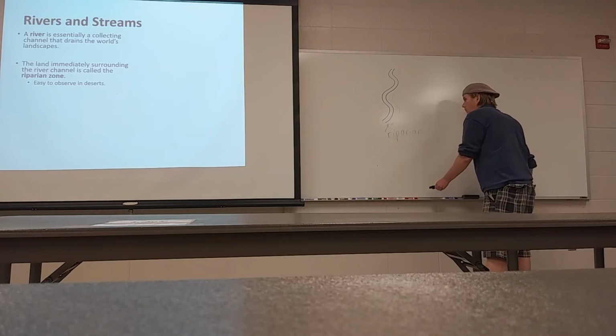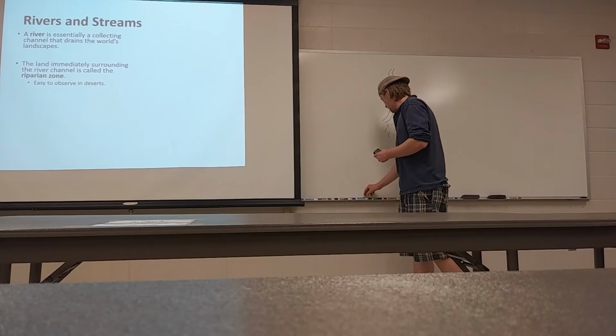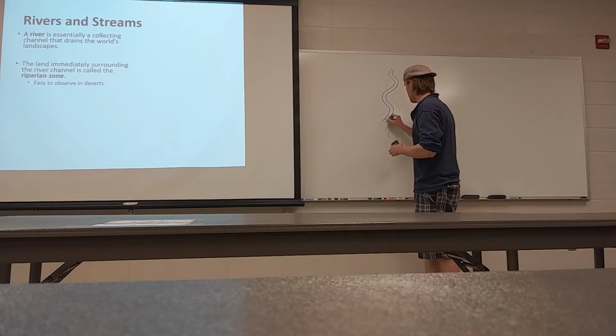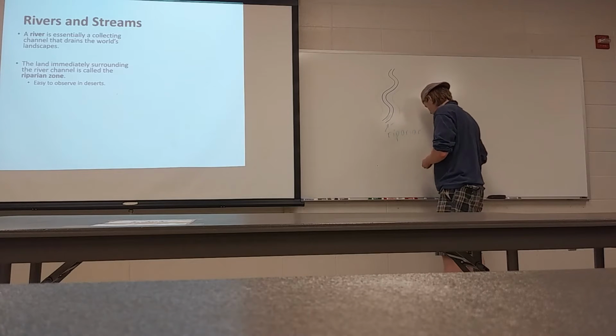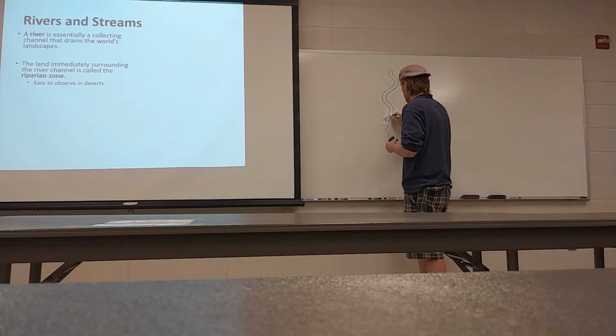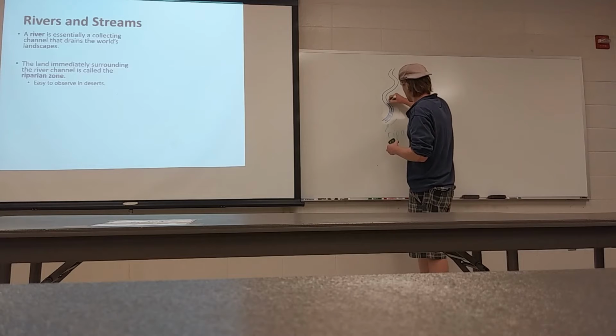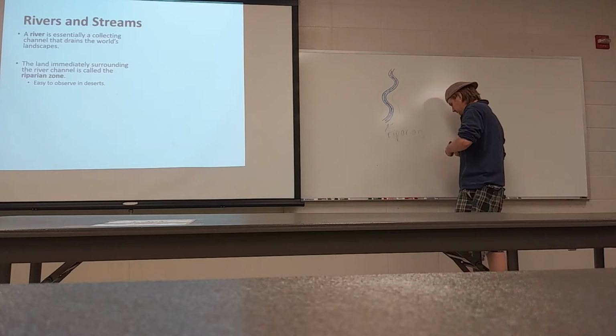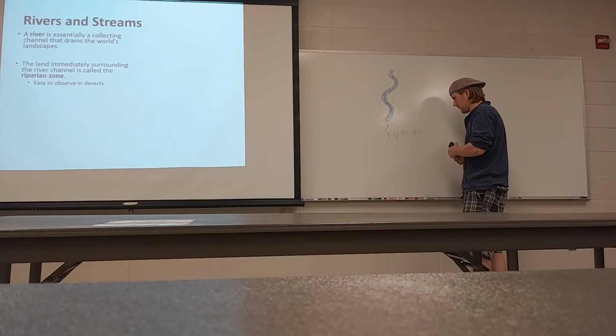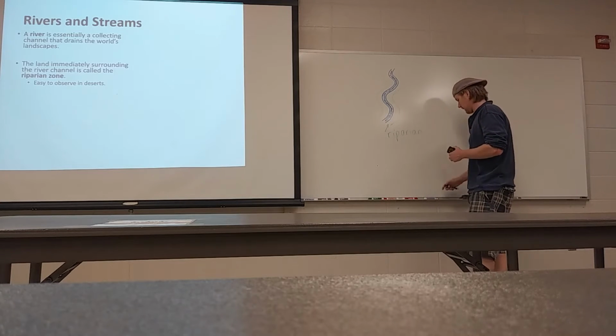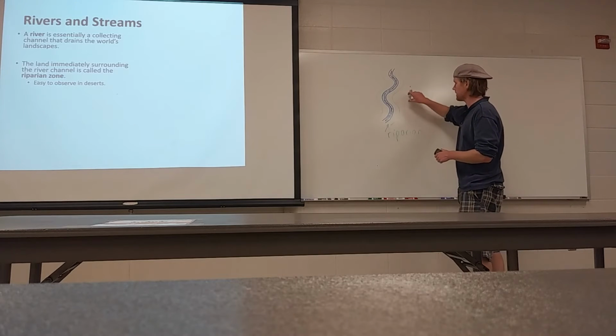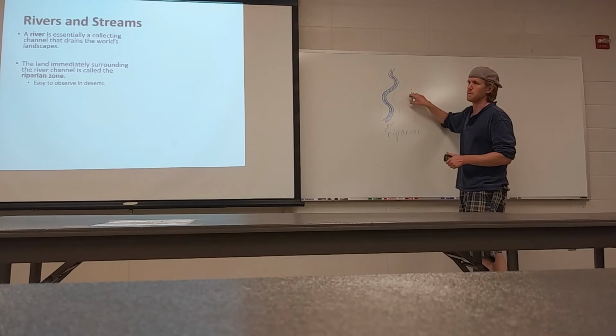So the water of the river seeps through the soil, providing moisture availability to the surrounding land that does not exist, for instance, out here away from the river channel.